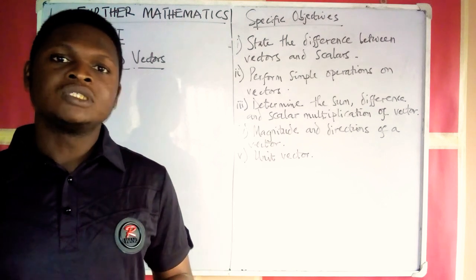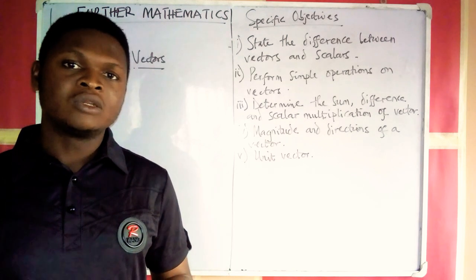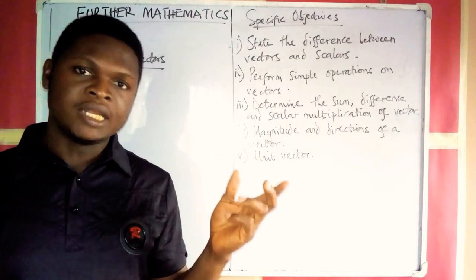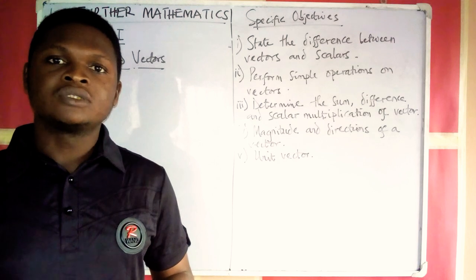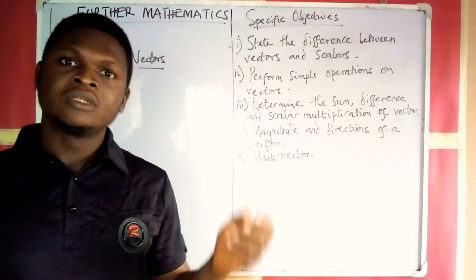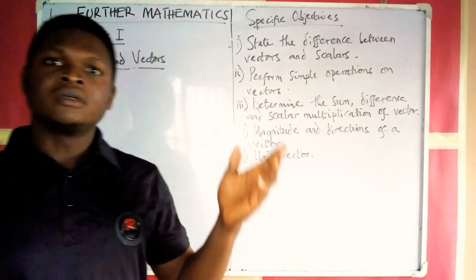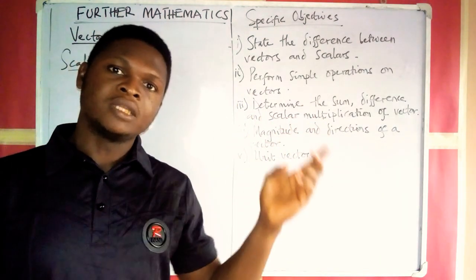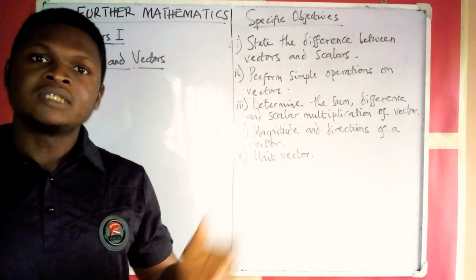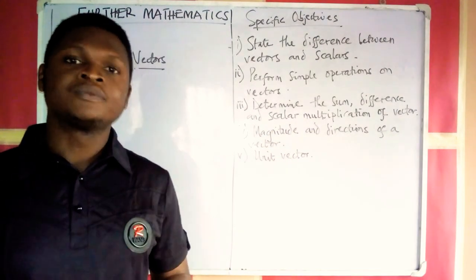Examples of scalar quantities include length or distance. We can also talk about other examples, including time, temperature, mass, energy, work, and so on.